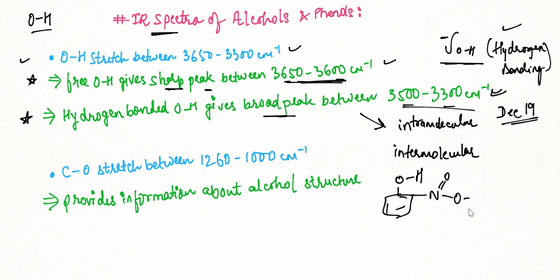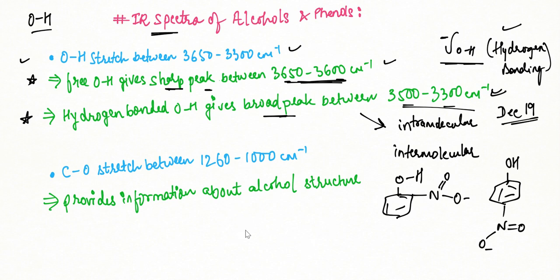The exam was very recent, and I don't even have the question paper. Anyway, the question was very simple: the question is asking about dilution. Basically we have an alcohol or a phenol, so definitely it is going to show hydrogen bonding.